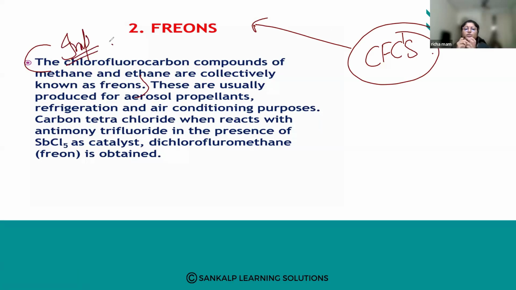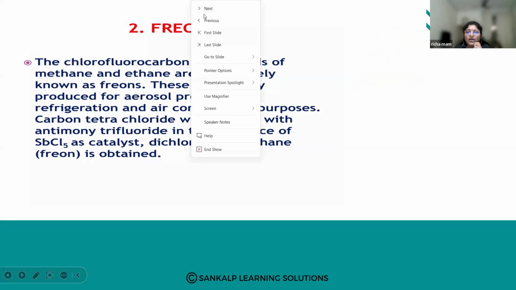Where they are used: usually they are produced for aerosol propellants, in refrigeration and air conditioning purposes. Okay, so this is the freons. Remember how the freons are prepared.